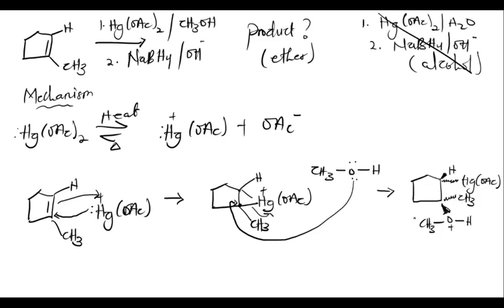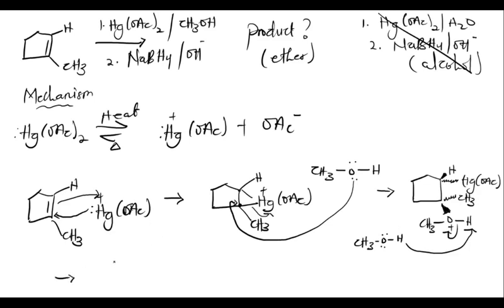So we can see that the alcohol that we added is on a different phase, and then the mercuric acetate group that we also added is also on a different phase. So from here another alcohol molecule will just come, okay, and pick up a proton, releasing these electrons onto this oxygen. So from here we get our intermediate.